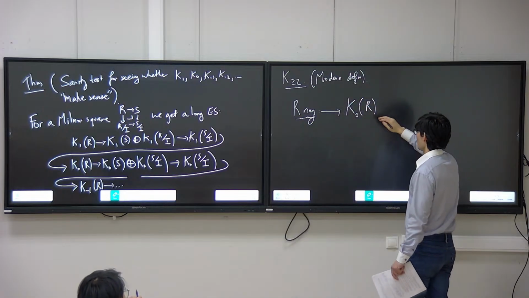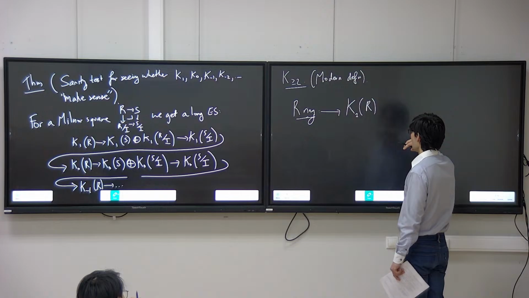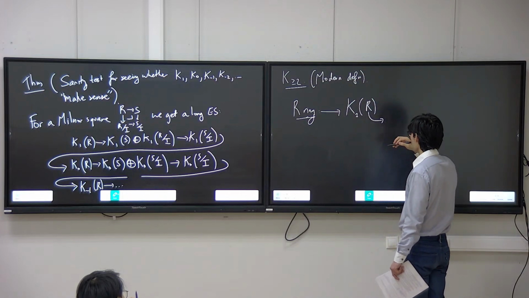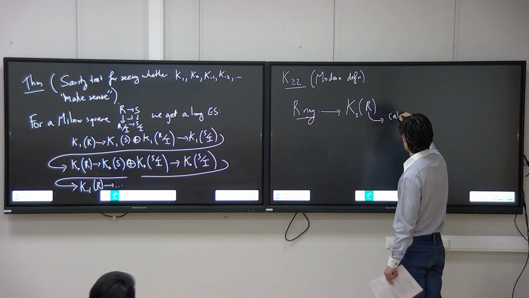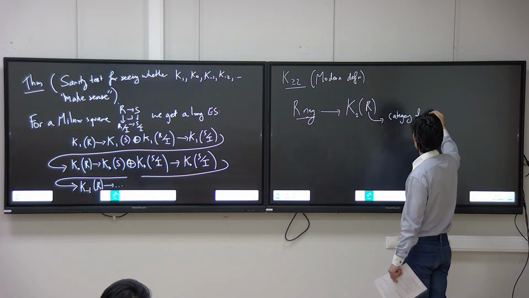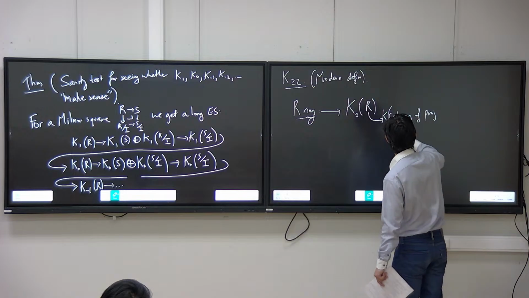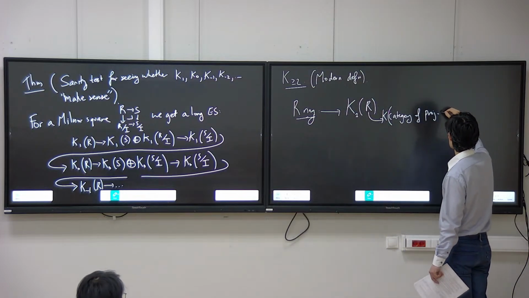So you can't just work with a ring. As I mentioned, one candidate here would be the category of projective R modules, so something like the K-theory of the category of projective R modules.